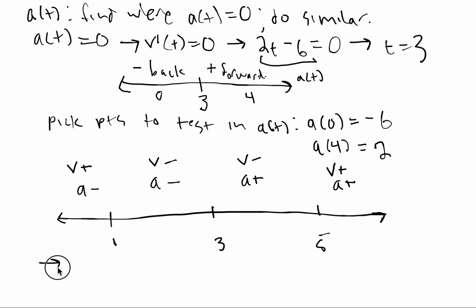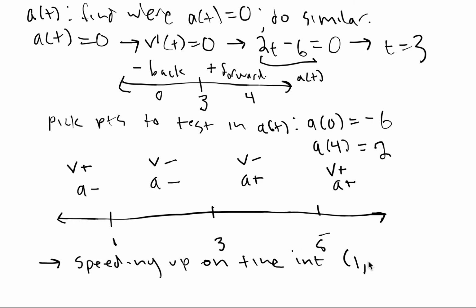So here we're going to get that we are speeding up in the negative direction, though. We're speeding up on my time interval from 1 to 3, and also the other place that my signs agreed was over here, this time interval that goes from 5 to infinity.